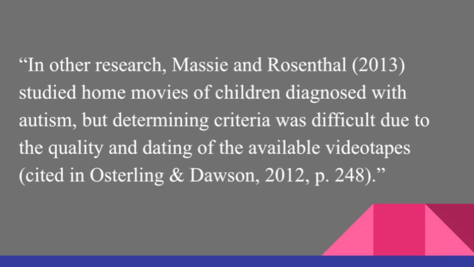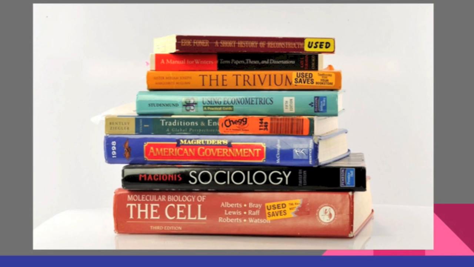Sometimes you'll end up indirectly quoting someone else, so in this case you'll want to state it at the bottom in parentheses: "cited in," the title of a book, the year of publication, and the page number. In textbooks, you will only refer to the person you are citing, or the persons, depending on how many there are.